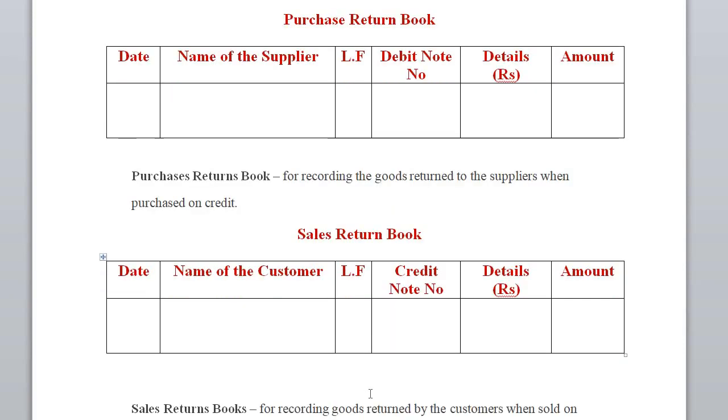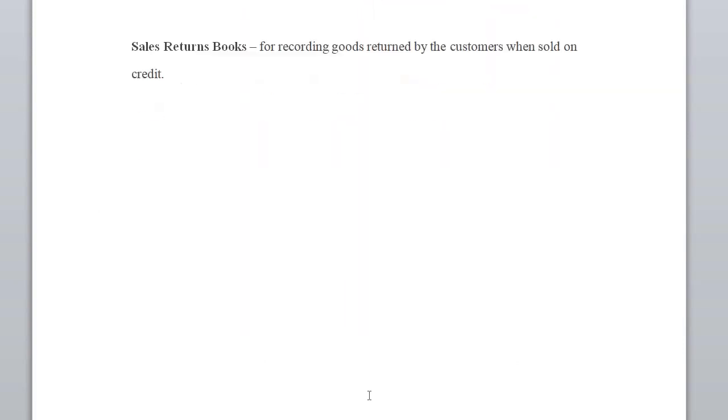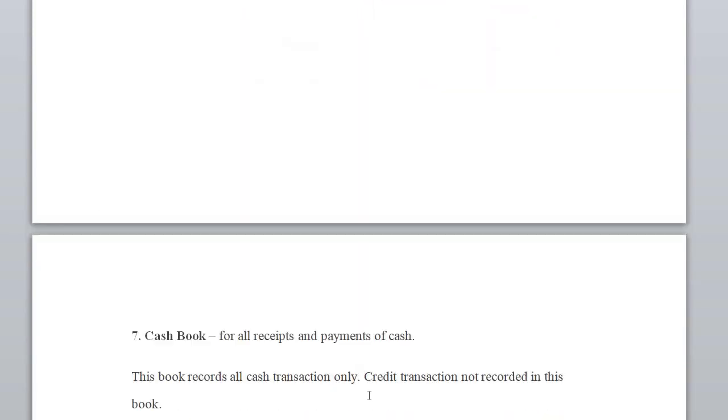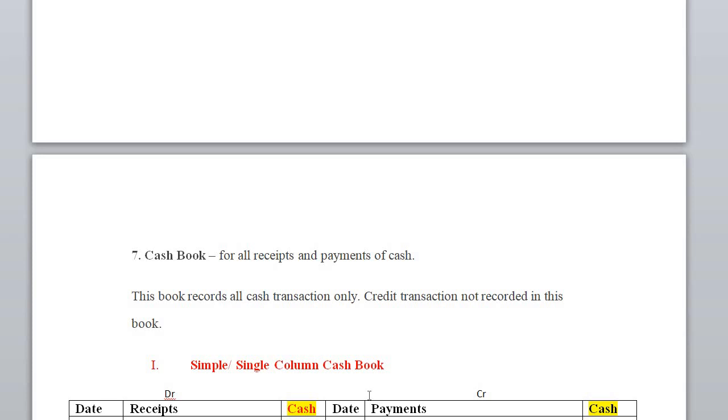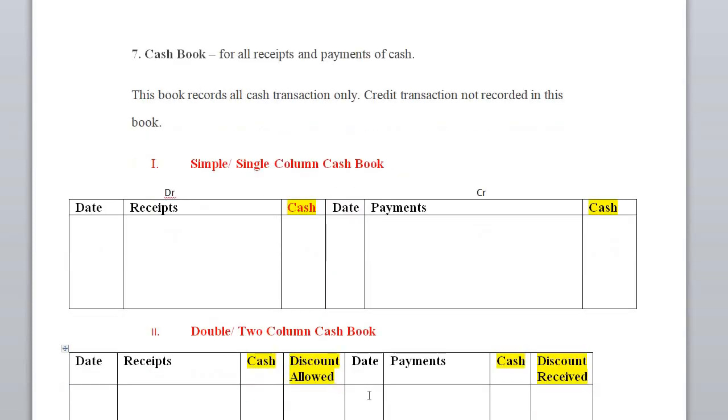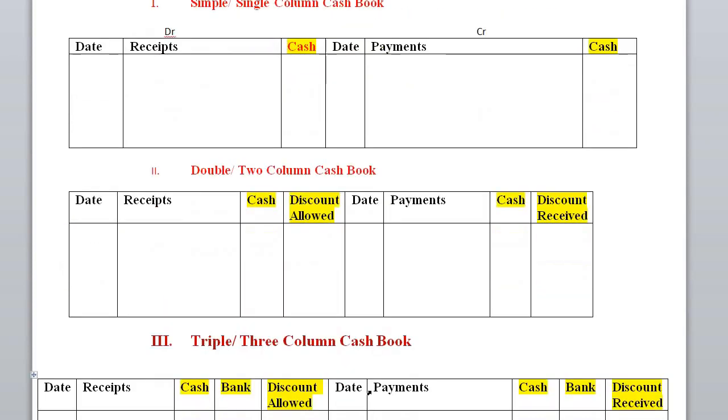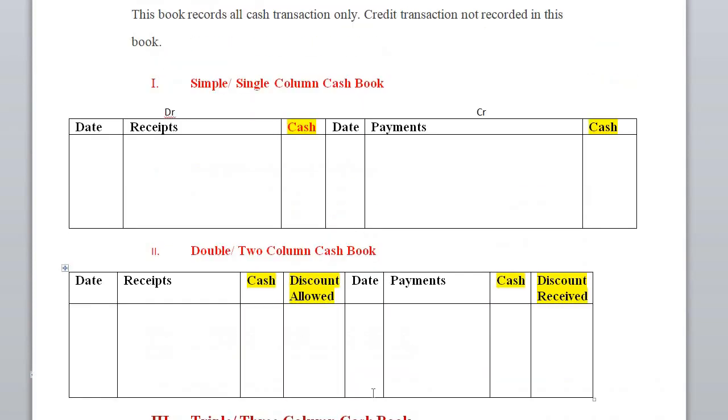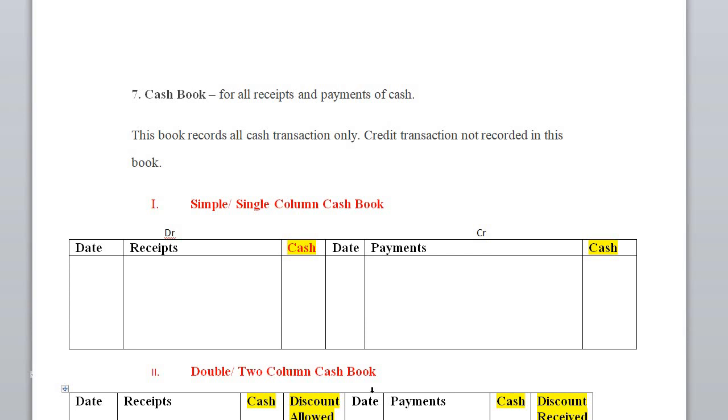Then the next type of book is cash book. The cash book can be classified into three: single column cash book, double column cash book, and triple column cash book. In cash book, this book is prepared like a ledger account. It is prepared in a T format.